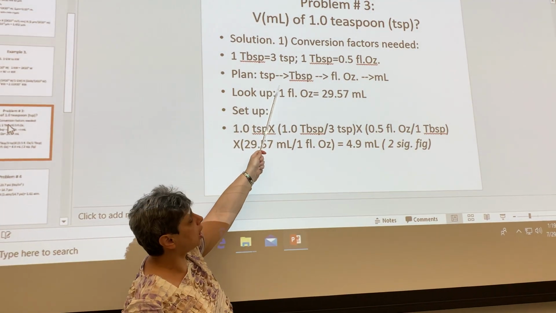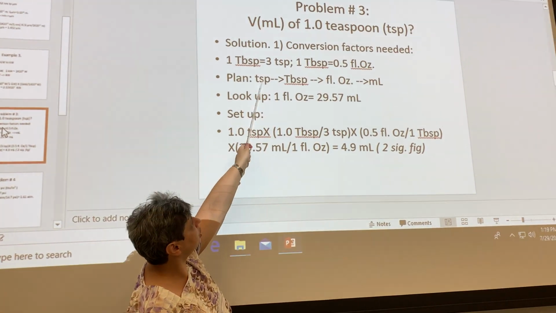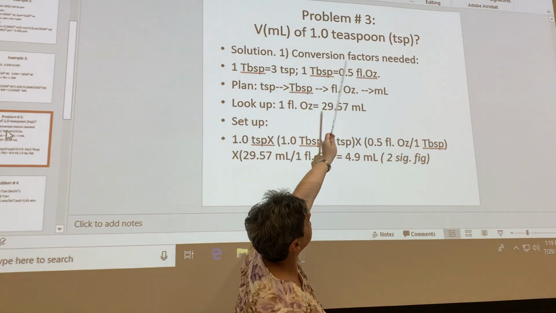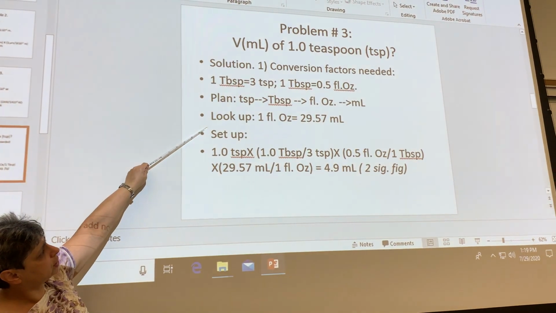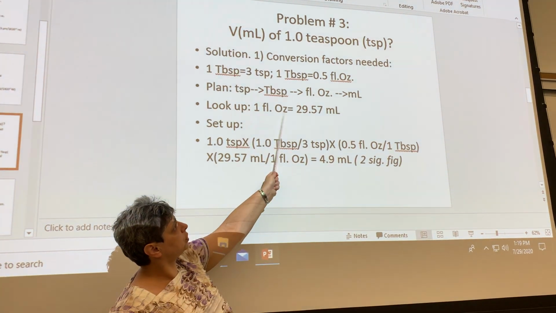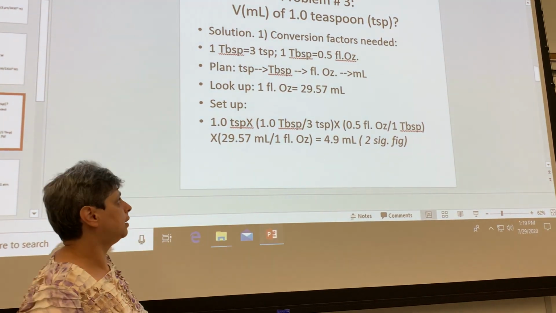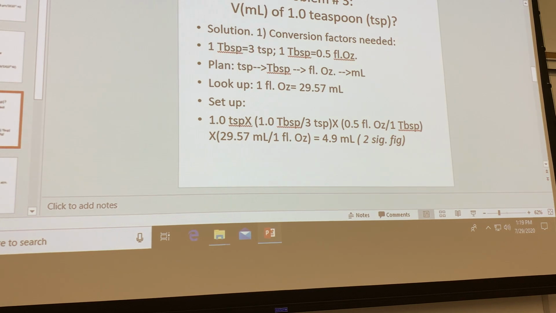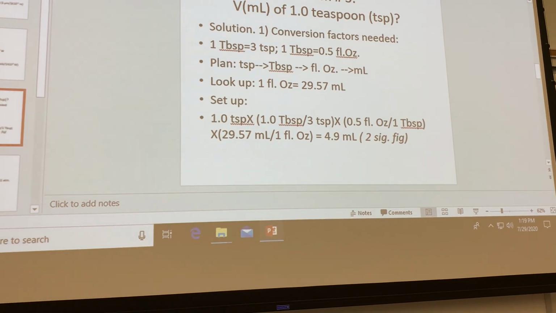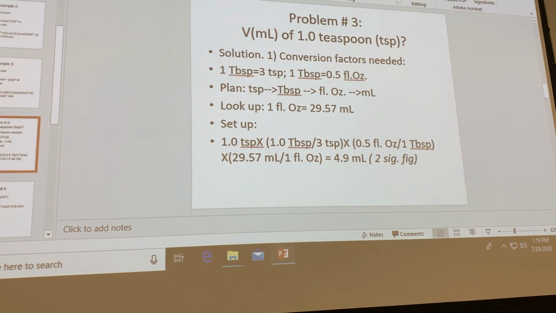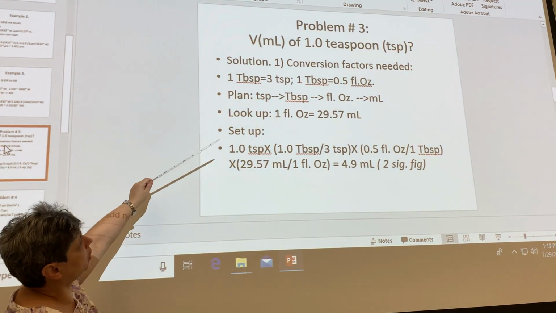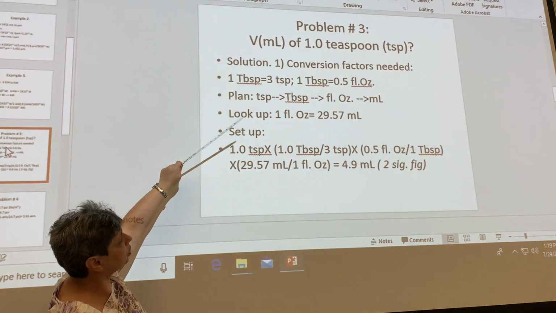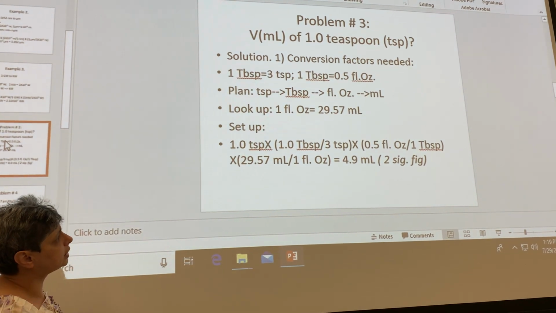It basically shows how you would do it step by step, from teaspoons to tablespoons to fluid ounces, and then eventually to milliliters. You would realize that this one conversion factor was missing in the problem, and I think they probably did it deliberately, making you think about what kind of conversion factors you might need to complete the solution for this problem. So now, once we have all of our conversion factors provided and looked up, we're ready to set this up.